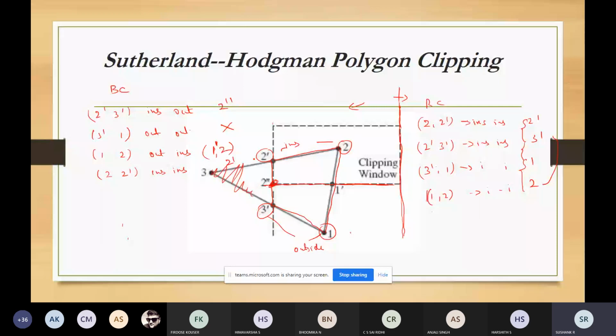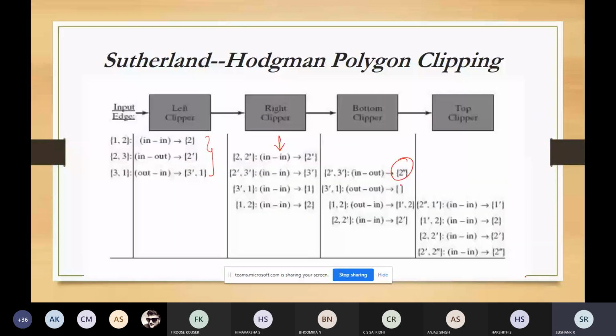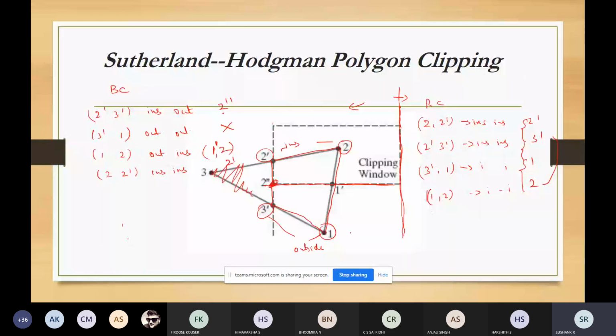So from here you have to create one more vertex list, starting from 2 dash. So from 2 dash to 1 dash, this part would have got clipped, so this part would have got removed.